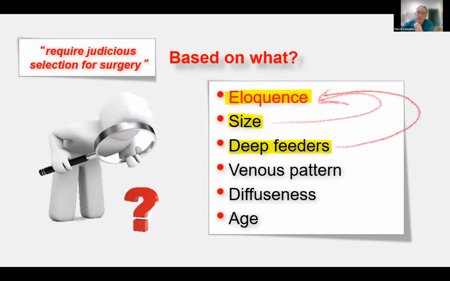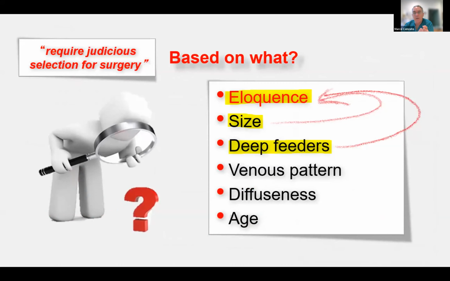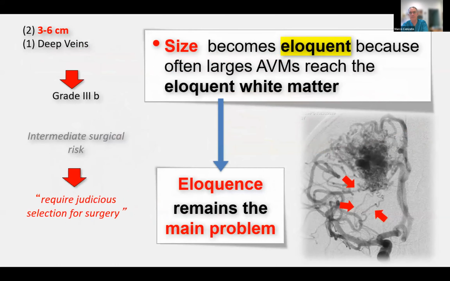But if you consider also size and deep feeders, at the end they are still a problem with eloquence, because size means the involvement of the deep white matter, and so this is eloquent also. So the size itself is not a problem. It's something that brings you into the deep white matter, which is eloquent.